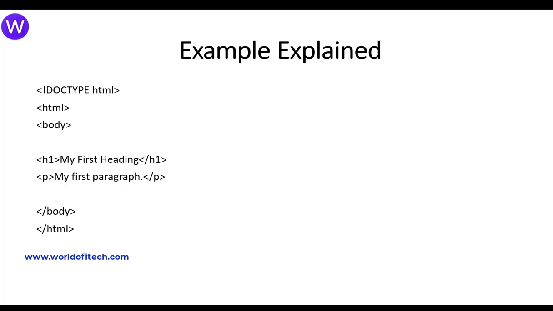Then inside the html element there is a body element. The body element defines the document's body. It has a start tag, body, and an end tag, /body. Then inside the body element there are 2 other elements, h1 and p.